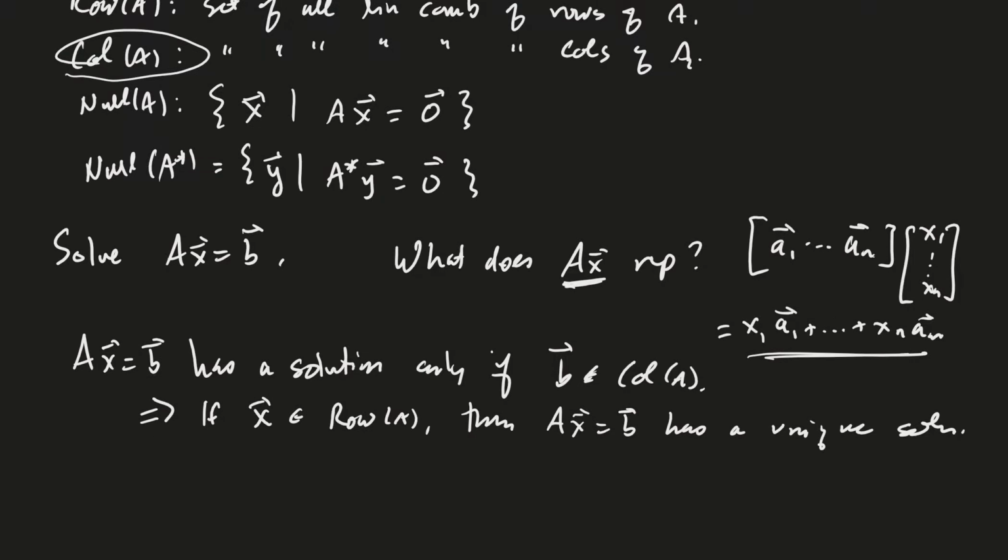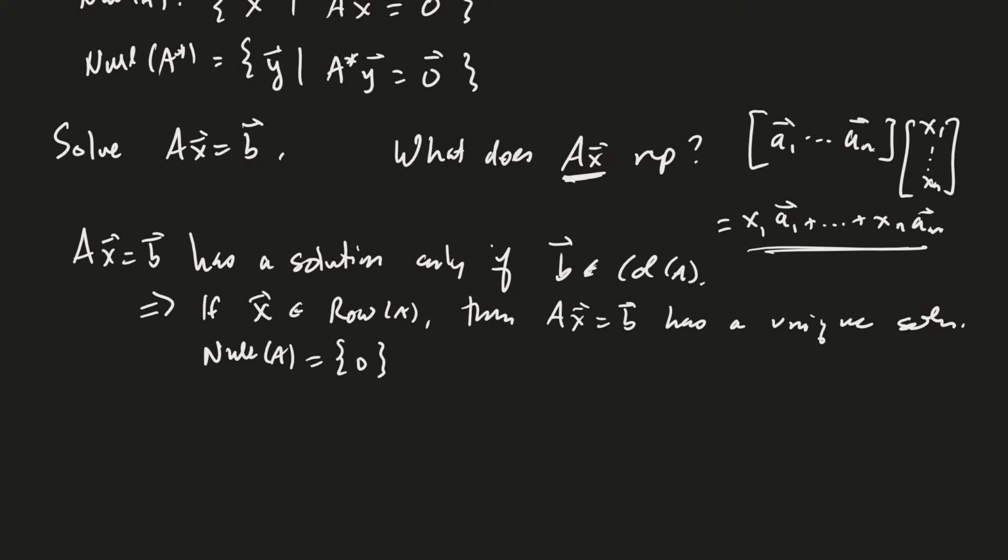So what we're saying here, something equivalent to this, is that the null space of A is just the zero vector. Because otherwise, if the null space of A is not the zero vector, then if you have x sub p solving this equation, you could add on x sub h, where x sub h is in the null space, and then if you take that into A, you still get your b plus 0.